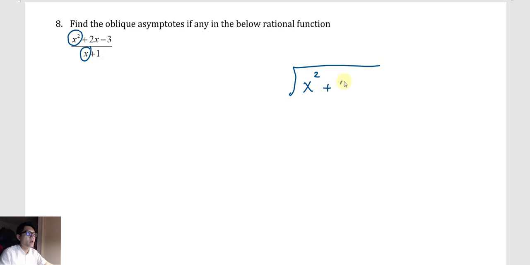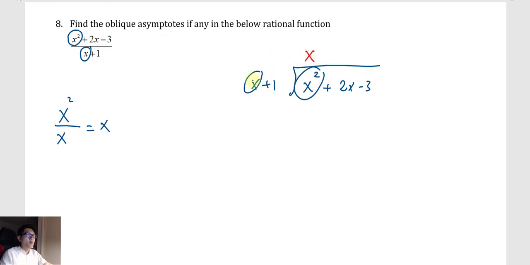x squared plus 2x minus 3, and then x plus 1. Okay, so how do I do the long division? I take the first term x squared, I divide by the first term x, I get x. Okay, so I put x here.